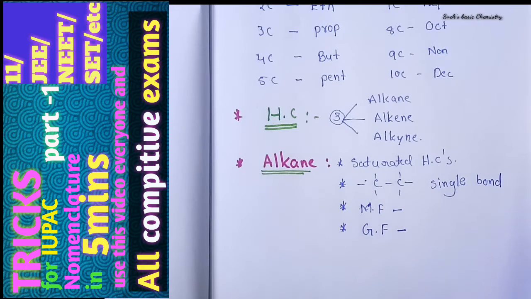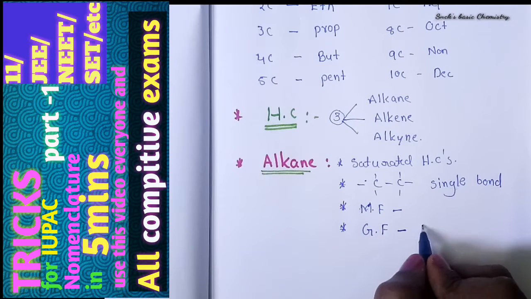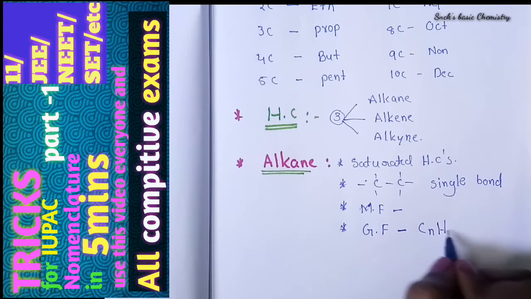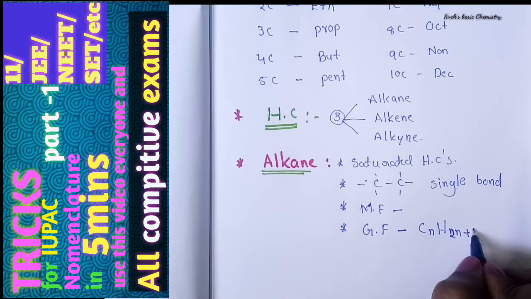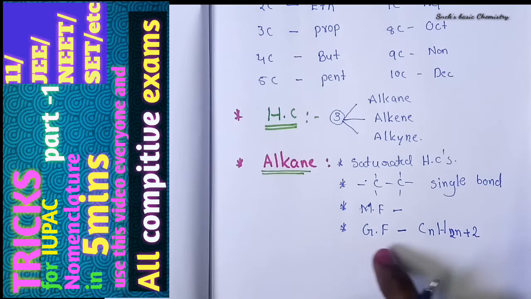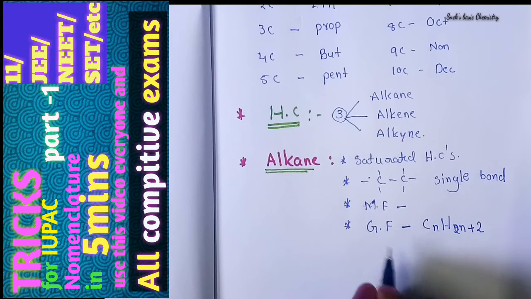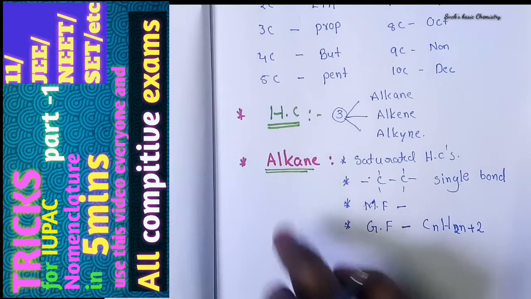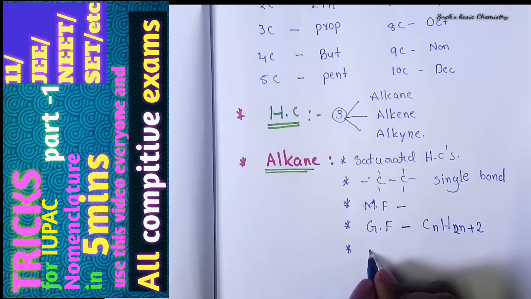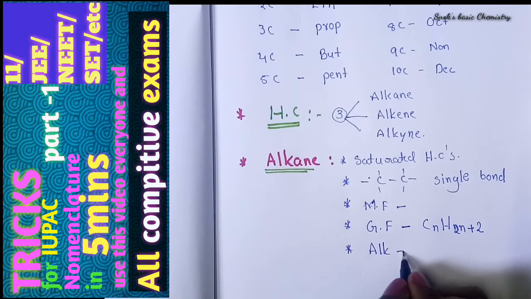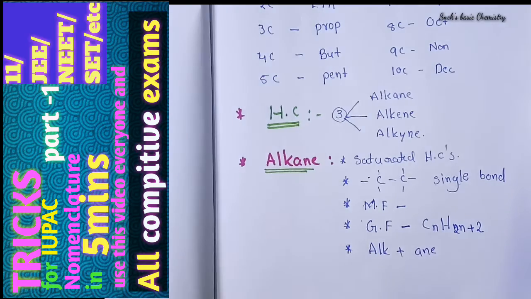The general formula of alkanes is CnH2n+2. Alkanes are named with alk plus ane.